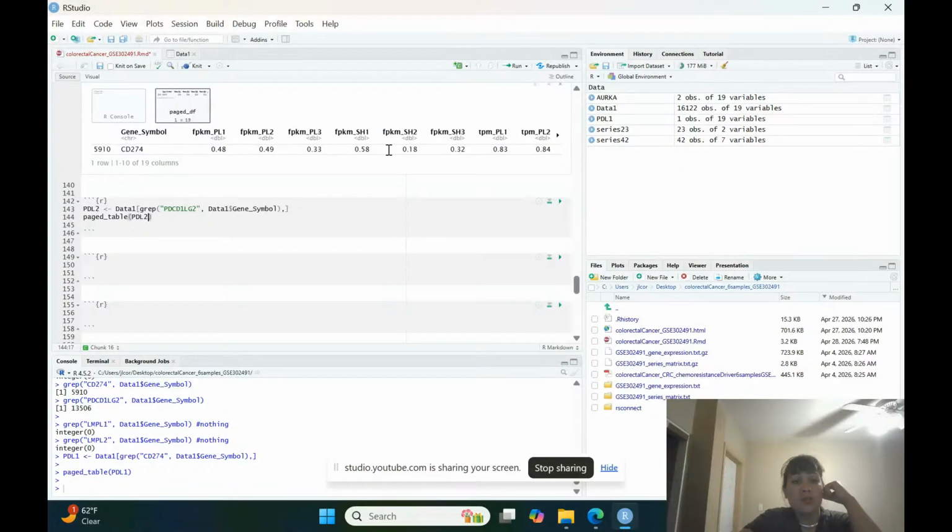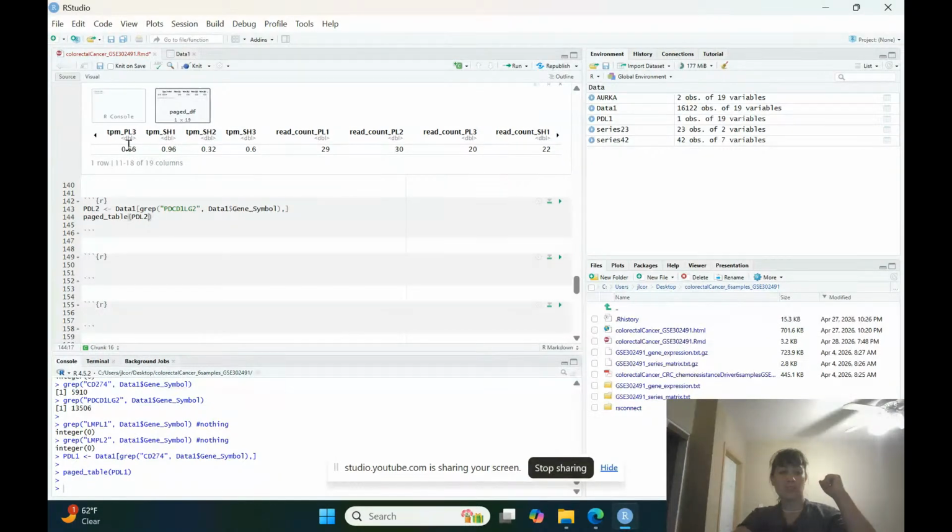All right, so okay, one's higher, one's lower in the fragments per kilobase million. And the transcripts per million, it varies 0.56 to 0.80. And then in the knockout of AURKA, it's about the same in that sample, and then the middle sample goes down.